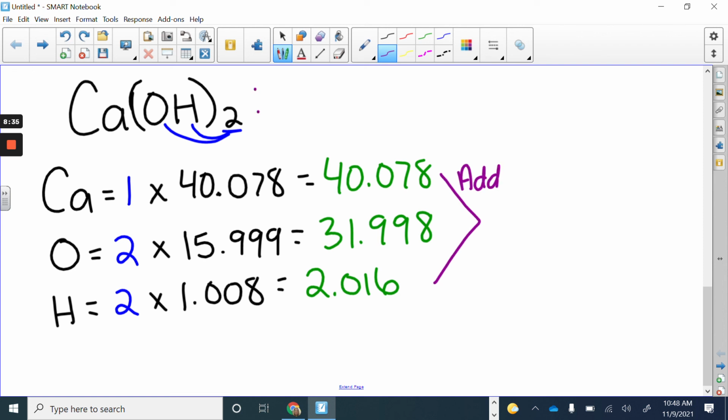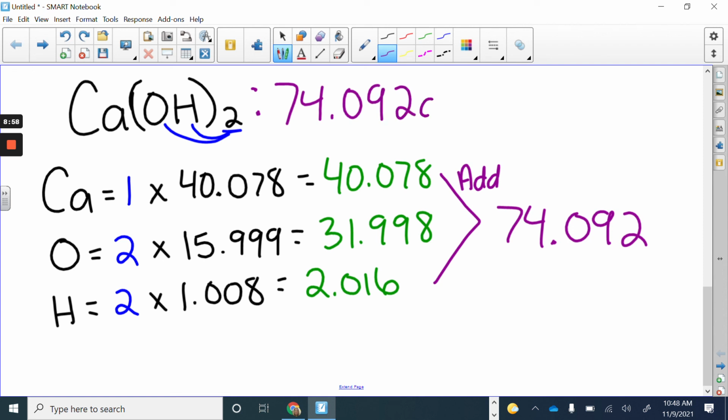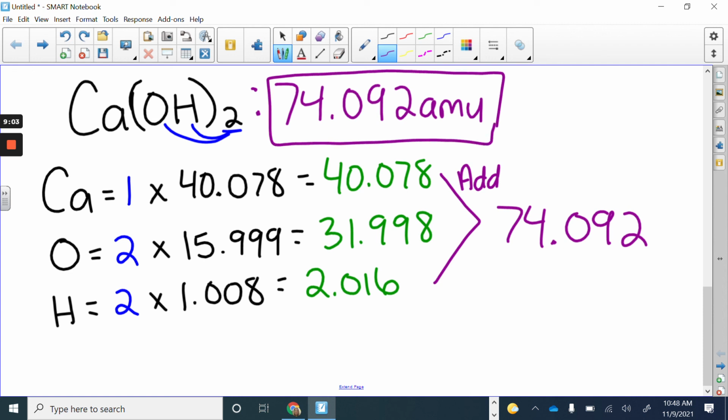Let's see, get my calculator. 40.078 plus 31.998 plus 2.016. We get 74.092. 74.092 atomic mass units. Right. And that is how we calculate molar mass.